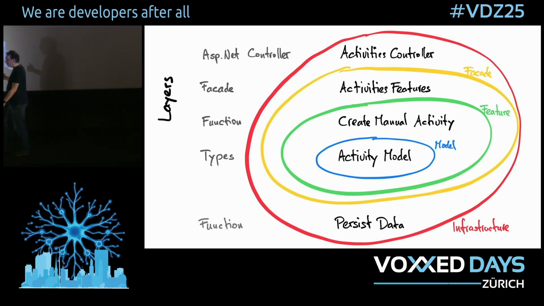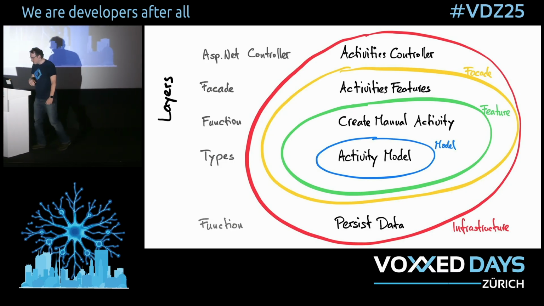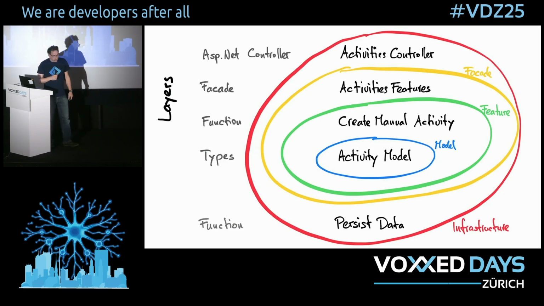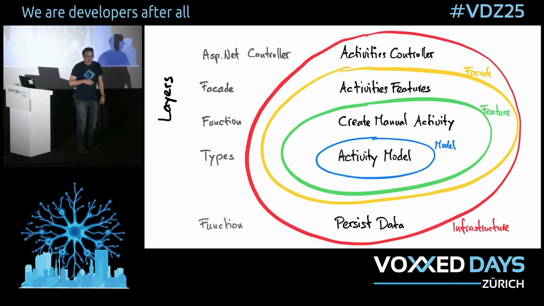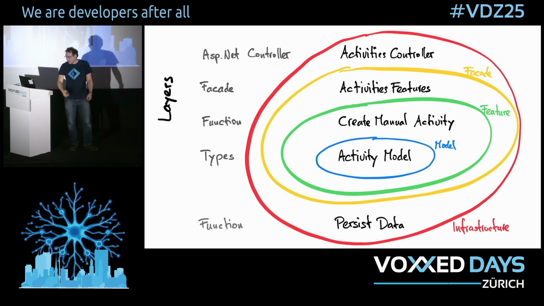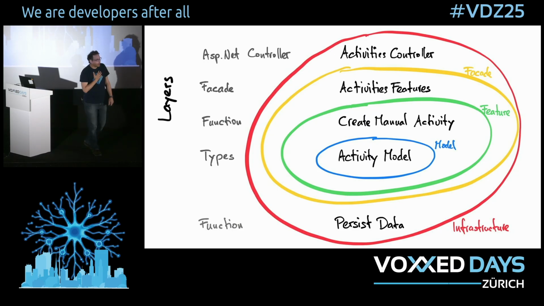So I'm a .NET person, we have ASP.NET controllers, and the controller deserializes the request and calls a so-called facade, the activities features facade. We use facades because our code is either hosted in a web service on Azure or is called by Azure Functions. It's like AWS Lambdas. Because we have 2 different hosts, we need a common interface, a common contract that we can call, and that's that facade here.